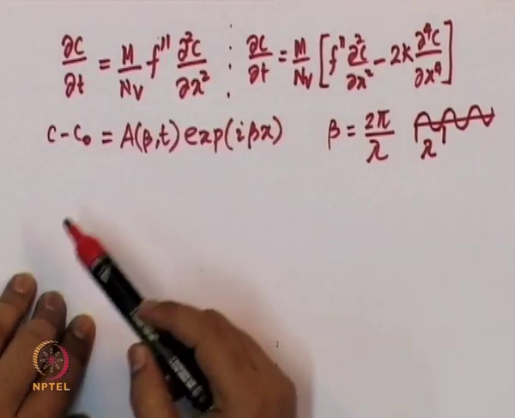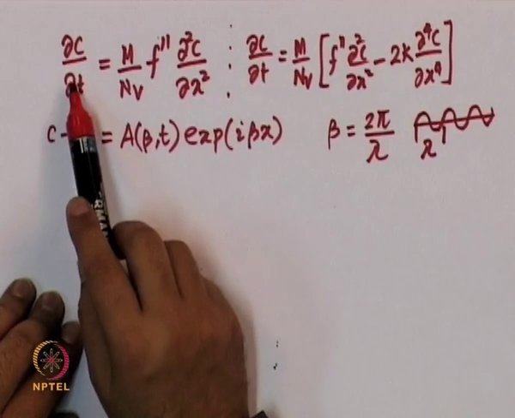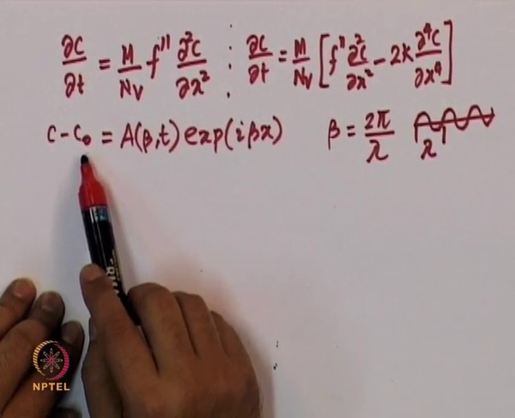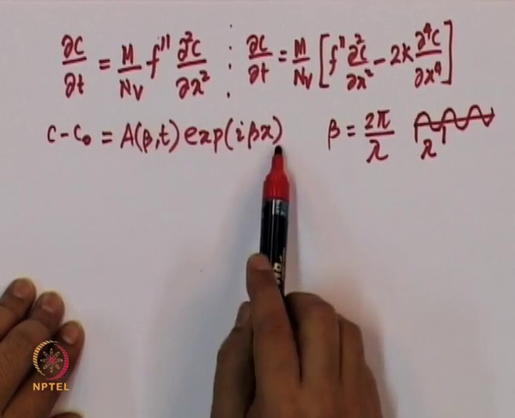So, if we substitute it back here, what do we get? Because ∂C/∂t, now this is the only time dependent term, this will remain.